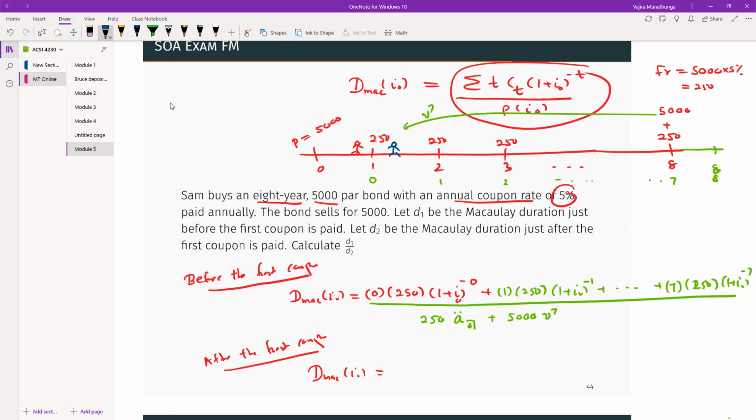The first payment, which we don't need to consider now, is gone, so the first one is actually 250. The timeline is still 0, then 1, 2, up to 7, 8. So 1 times 250 times (1 plus i naught) to the negative 1, all the way up to 7 times 250 times (1 plus i naught) to the negative 7.